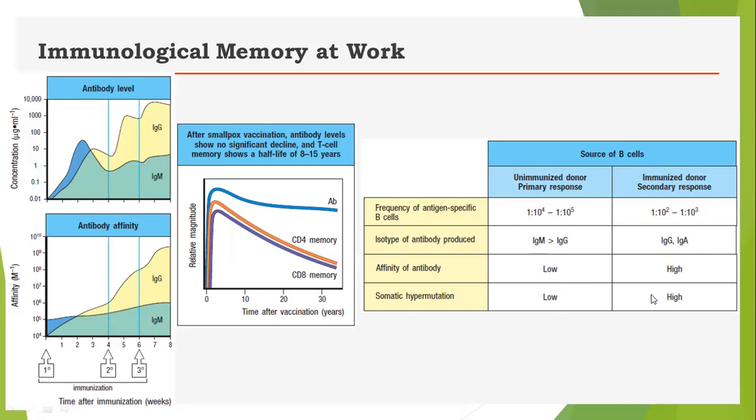We know that the hypermutation is high in the immunized or on reinfection because of the increase in the class switching of the immunoglobulins, in order to produce IgG, IgA, and IgE in response to that particular type of infection. While here, predominantly, we just have the IgM immunoglobulin. So the class switching is very, very low in the unimmunized or in the primary response.